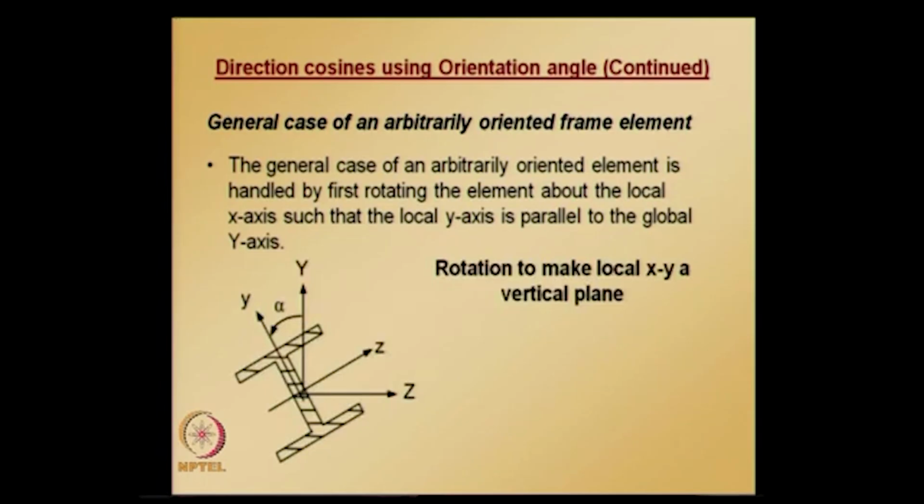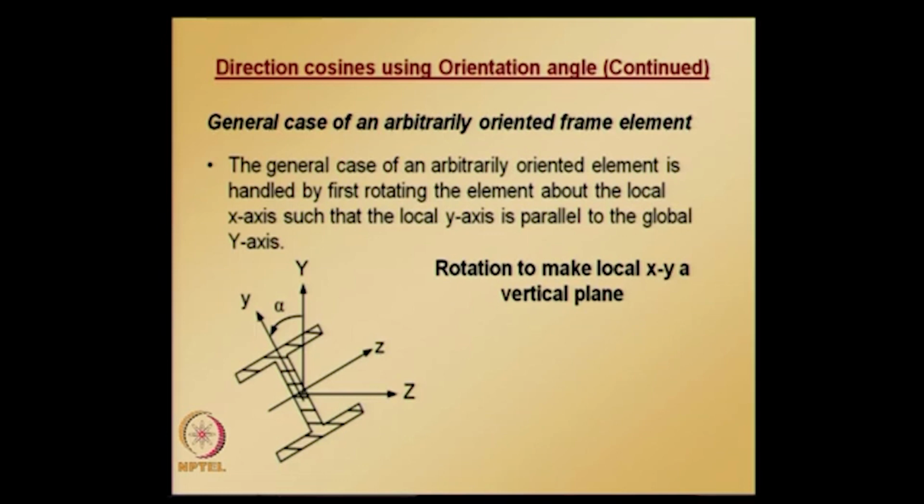So, that is shown here. Since rotation is about the x axis, here in this figure the x axis is coming out of the board, so it is not shown. The axis which is coming out of the board, that is the x axis.